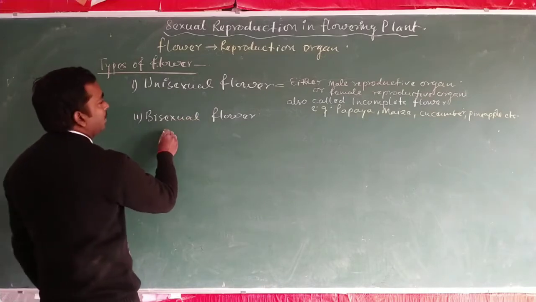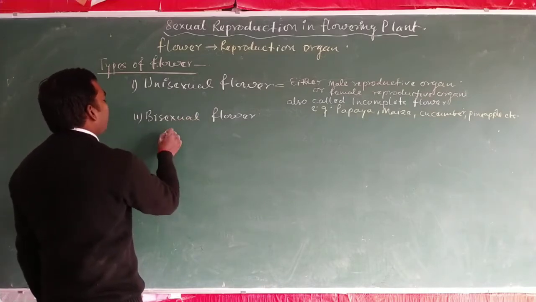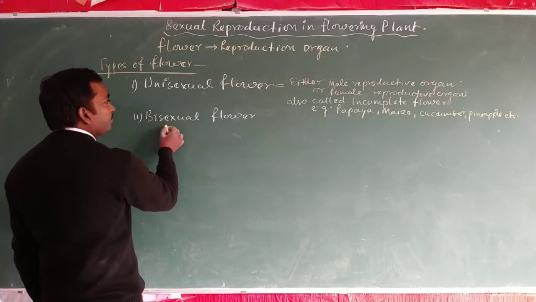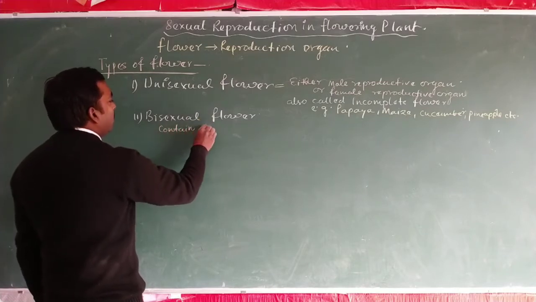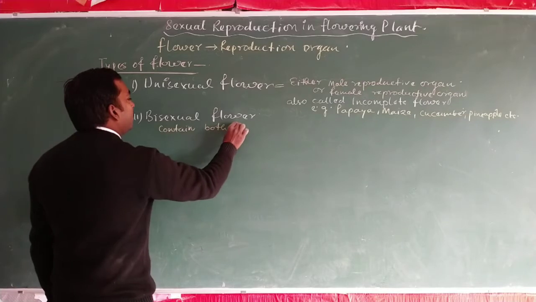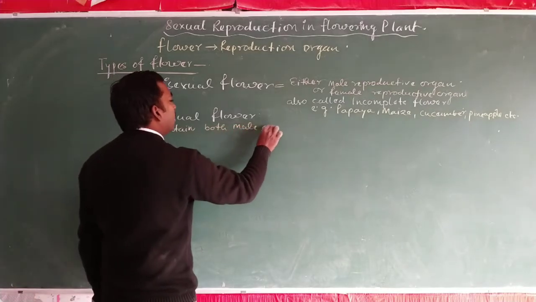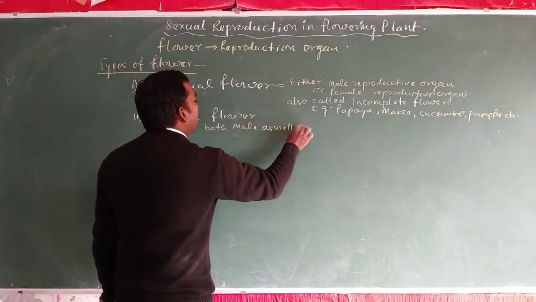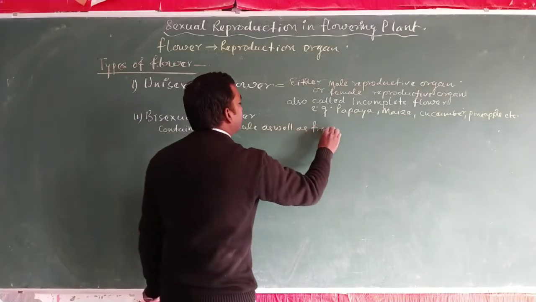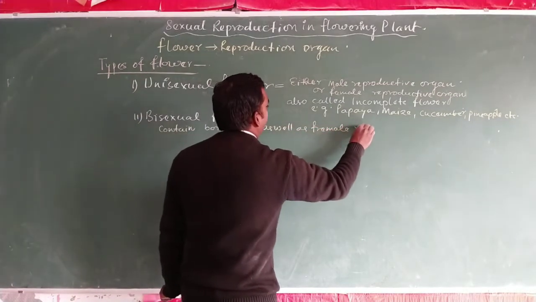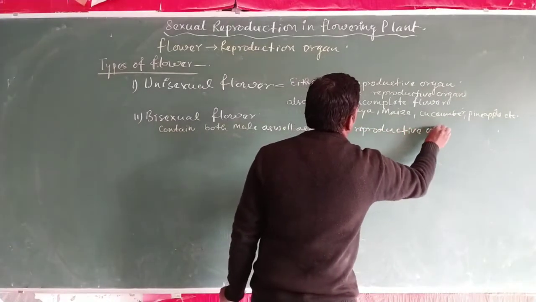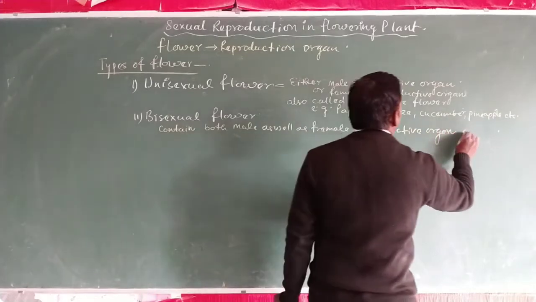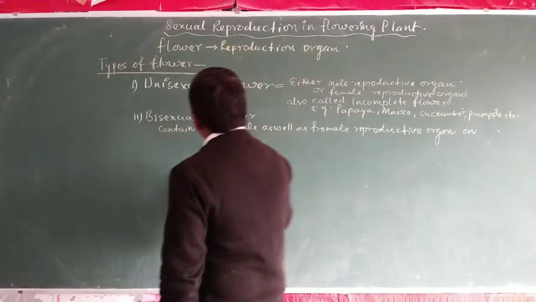Now the bisexual flower. In the case of bisexual flower, we define it as a flower that contains both male as well as female reproductive organ on the same flower.